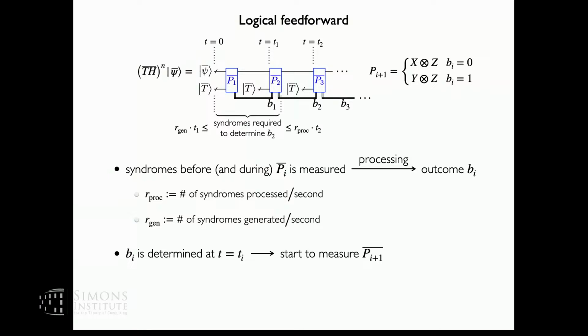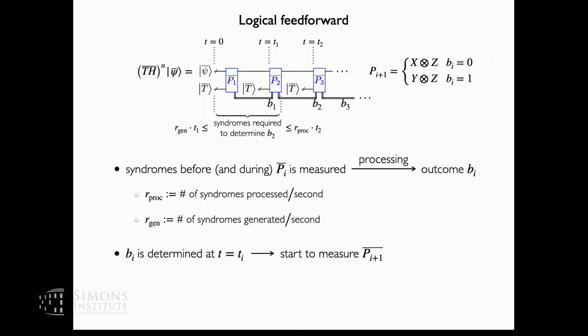Then we will have two inequalities, two bounds. Let's take B2 as an example. The number of syndromes required to determine B2 will be lower bounded by R_gen times T1, simply because this interval is smaller than T1. And by definition, it will also be bounded by the rate to process those syndromes times T2.